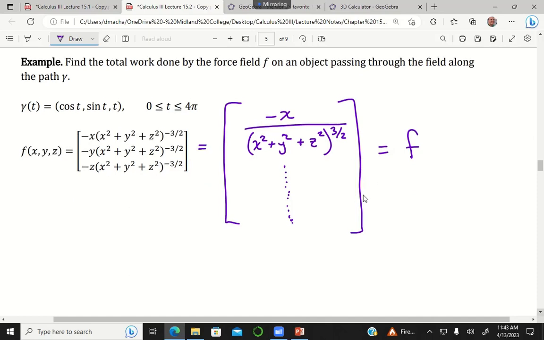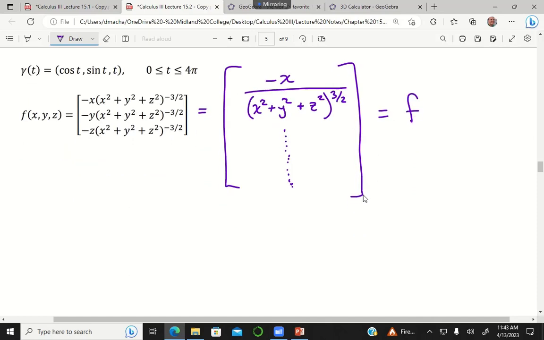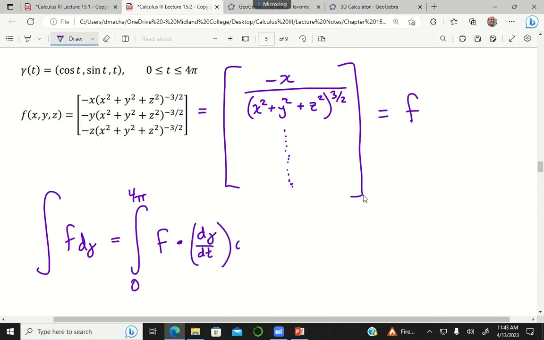For this integral we're trying to do, the integral of F d gamma, this is going to be the integral from 0 to 4 pi of this vector field F dot product with the derivative of gamma with respect to t dt.